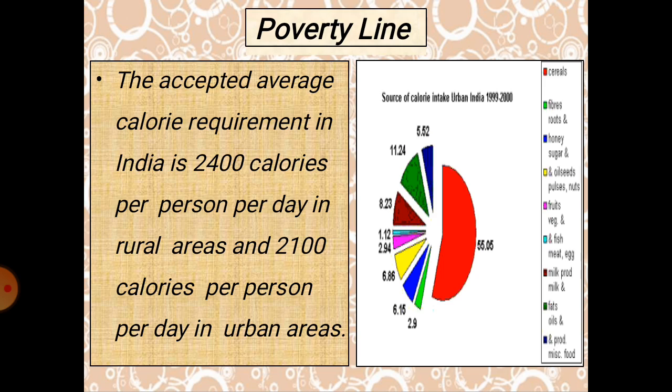In the urban area it is 2100 calories per day that you should have secured, otherwise he will come under the poverty line. Why they include food requirement as calories is that it reflects the improvement of nutritional values. That is why it is included next to income.